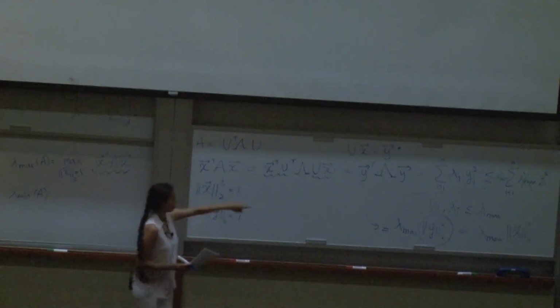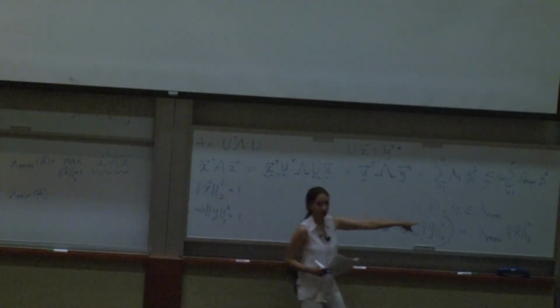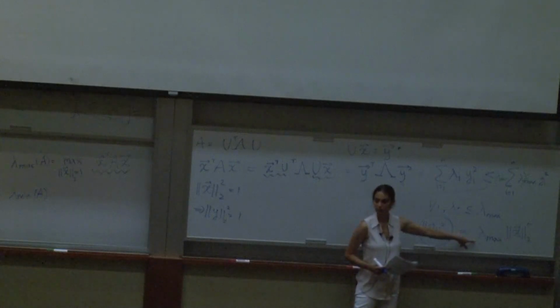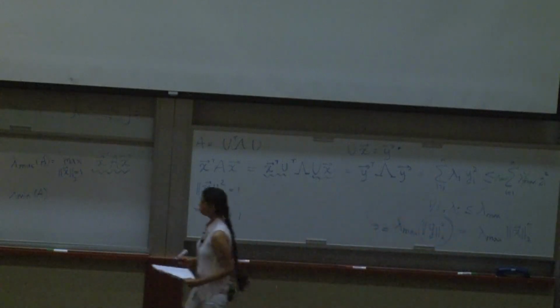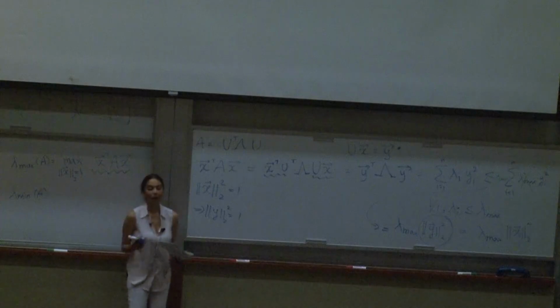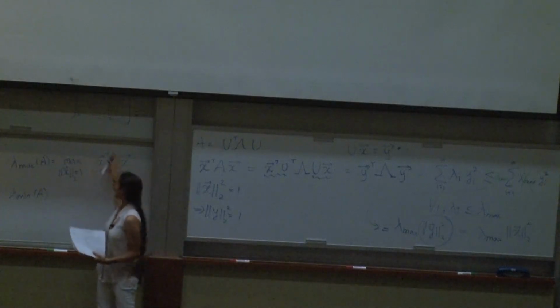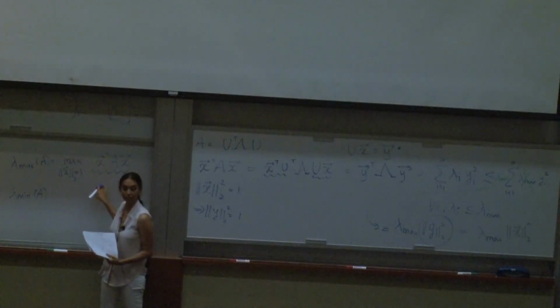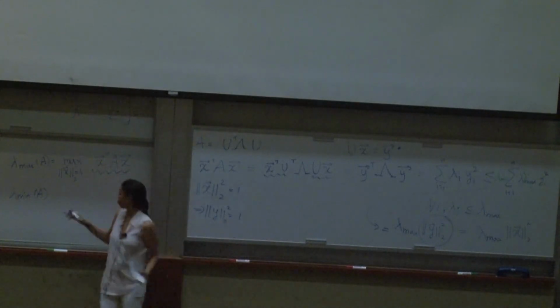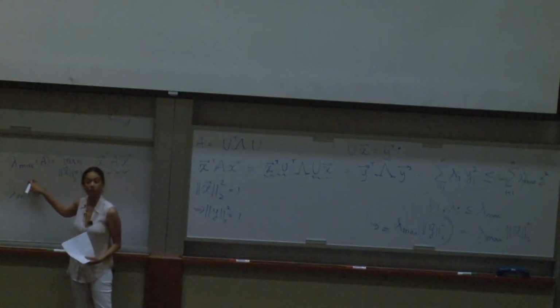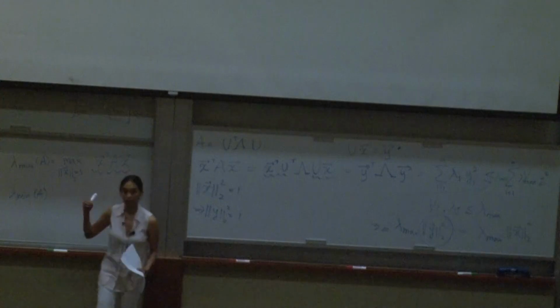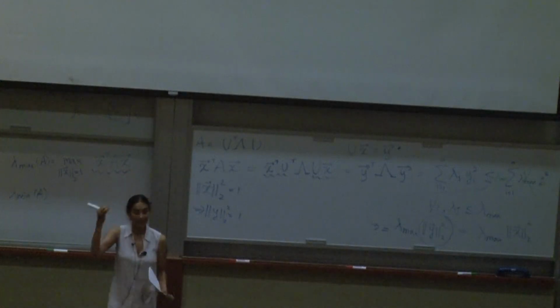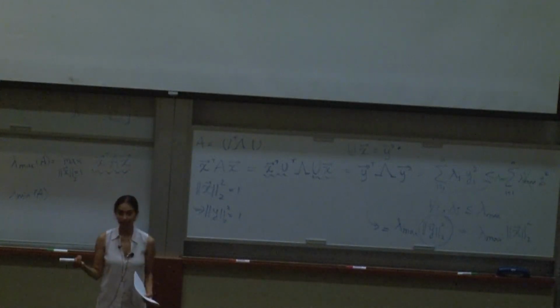Okay. So everyone see how this is now upper bounded by lambda max? Right? So therefore, we've said that the maximum value that this can achieve is lambda max. To prove that this max is actually equal to lambda max, what do I need to show? I need to find an x that actually achieves this, right?